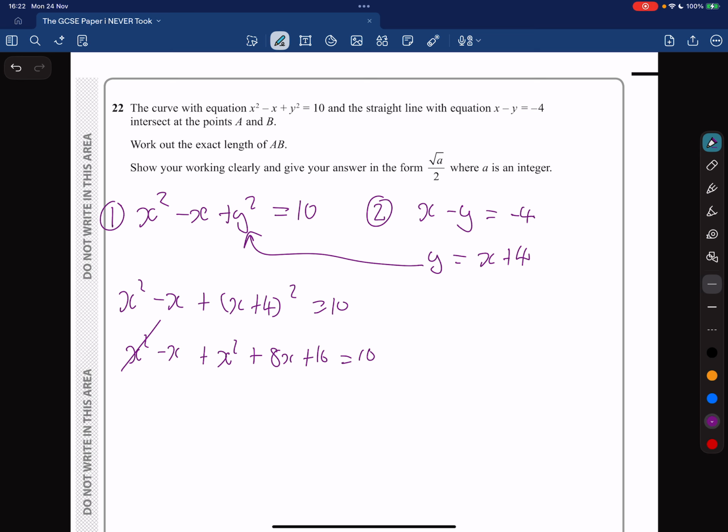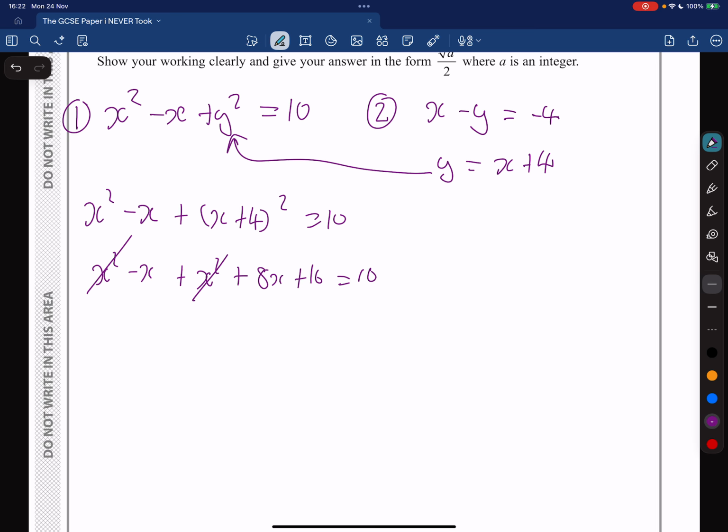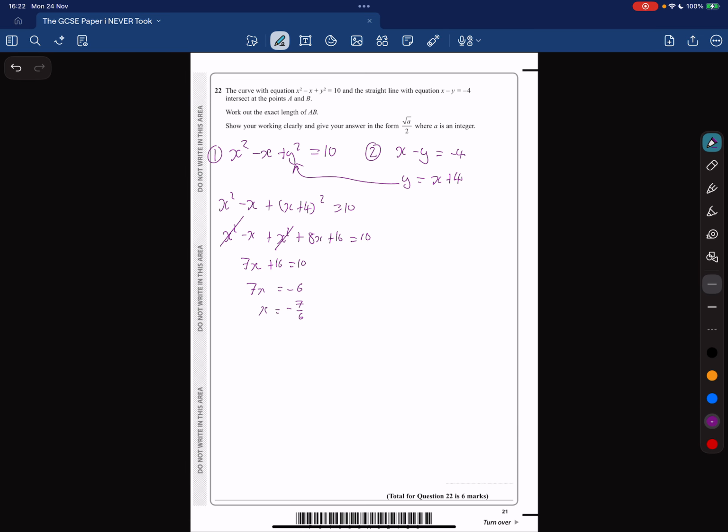I'm only getting one solution though. 7x plus 16 is equal to 10. But if x is equal to 7 over 6, then why have I only got one solution though?